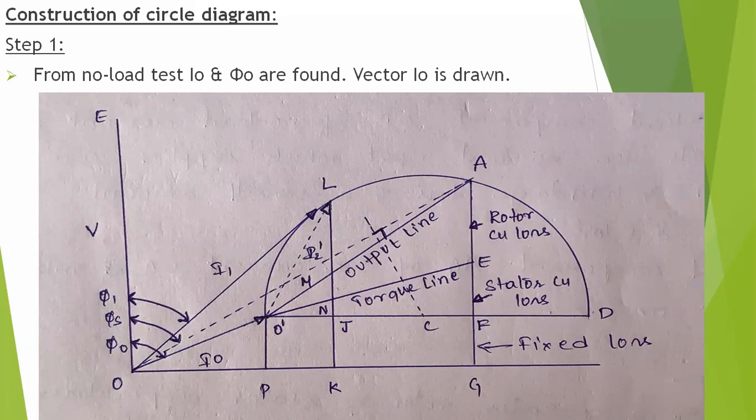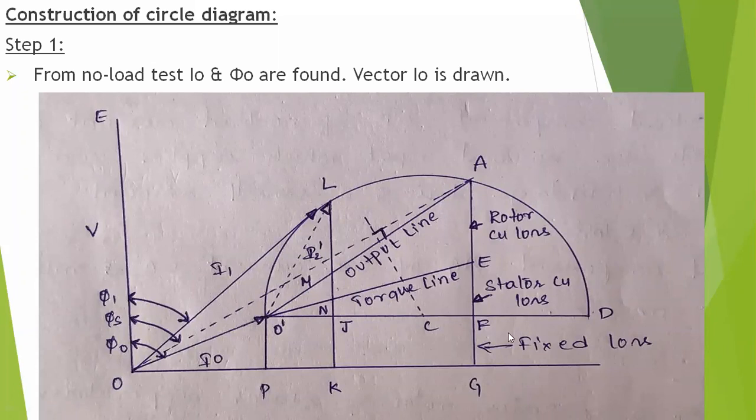Out of this, FG is equal to O dash P. FG will be representing fixed losses, that is stator core loss and friction and windage losses.